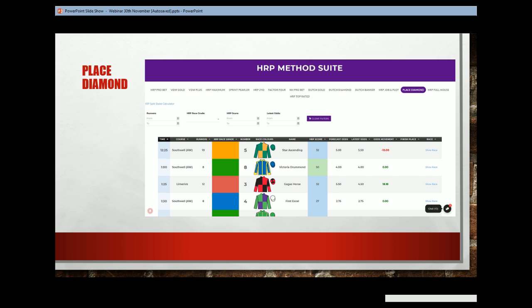Place Diamond selections have a fantastic balance between strike rate and odds. That means the strike rate is relatively high and the odds are relatively high. In the club betting, one of the experts we've got, and what an array of experts we've got on this site, a guy called Mighty Tosh, is running with the Place Diamond Suite every day.